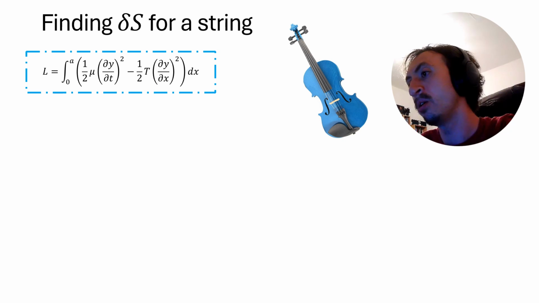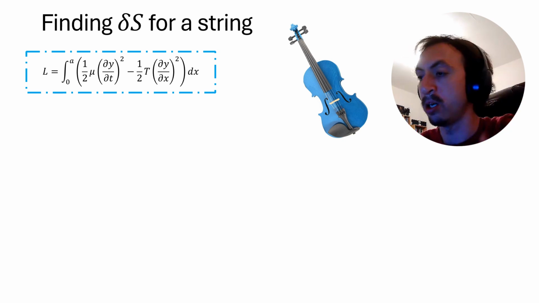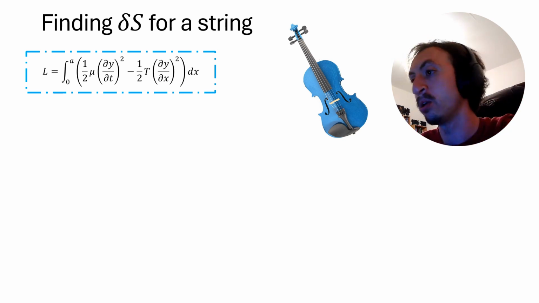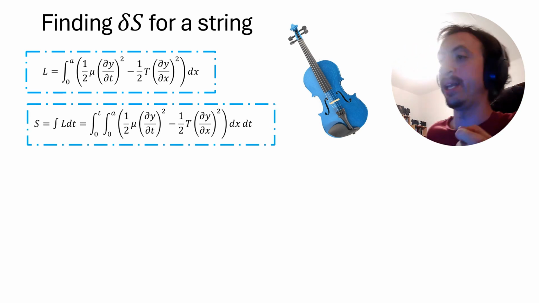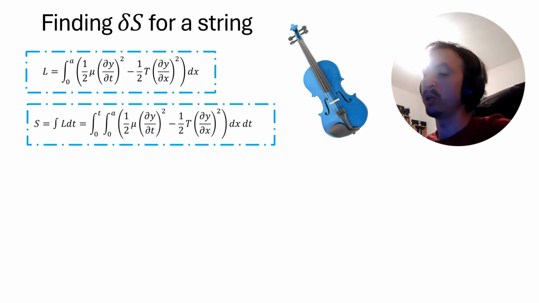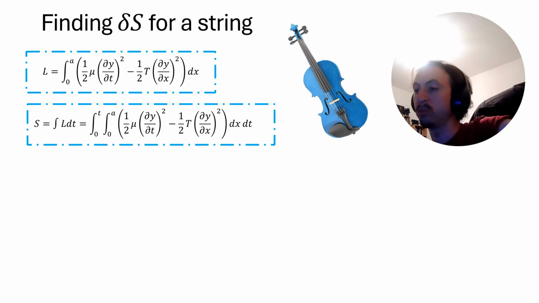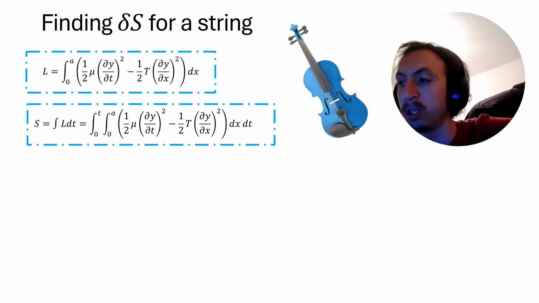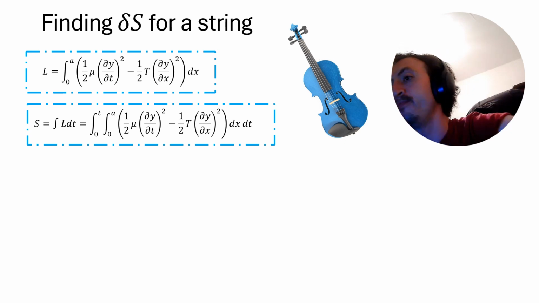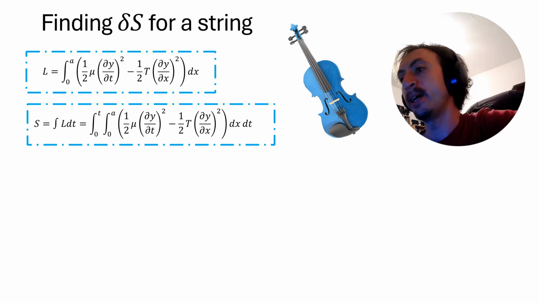So we have our Lagrangian, and to get our action from it, we integrate the Lagrangian over time, and we end up with a double integral. We call it a nested double integral because the first integral is contained within the outer integral.